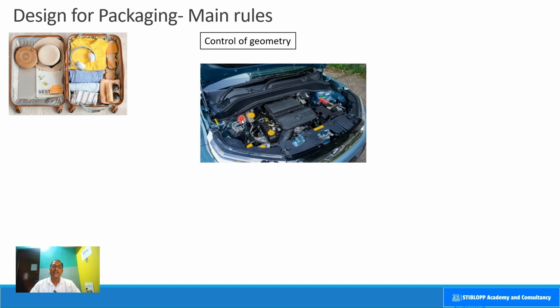And on either sides of the engine, we have the battery components, we have the oil sump, we have the washer reservoir, we have the engine coolant reservoir, and so on. And we can also see a lot of other components here, electrical components. So this is packaged in such a way that none of the component interferes with the adjacent component or the system.